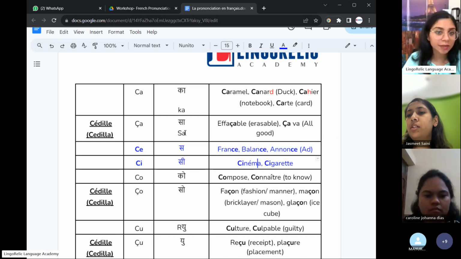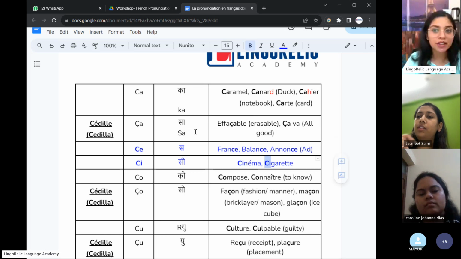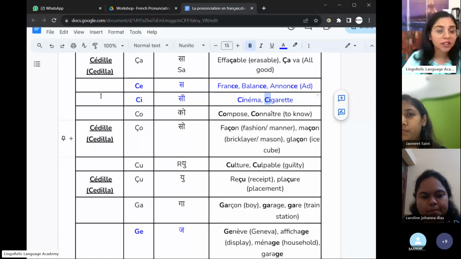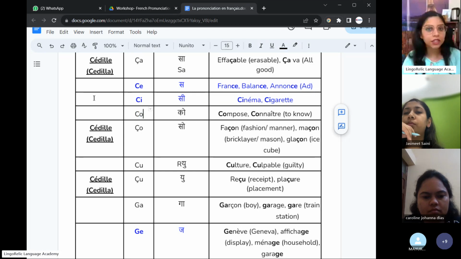Cinema, not kinema, but cinema. And cigarette, not kigarette. So you're not putting the accent and yet it is like this. Another one: without cédille it is "co", with cédille it is "so".